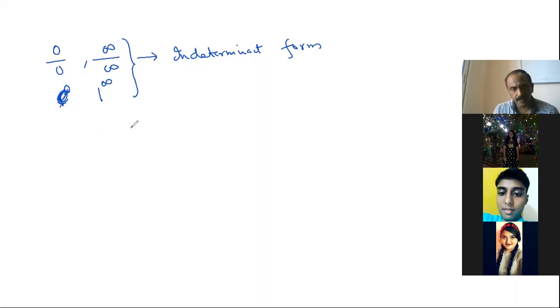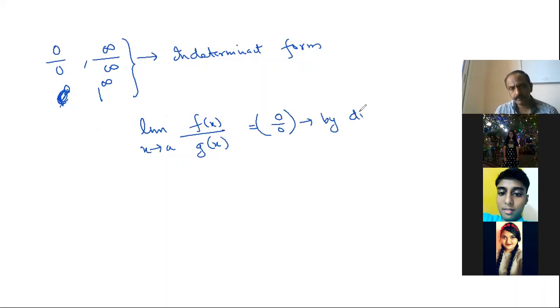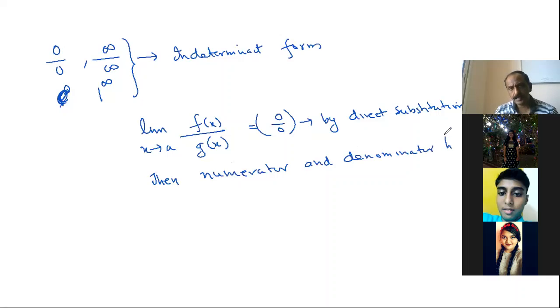Now whenever we get an indeterminate form, if direct substitution gives you 0 by 0, I hope you are writing, then the numerator and denominator have a common factor.